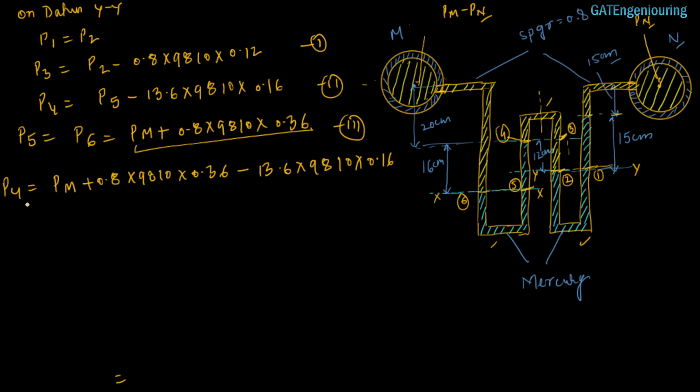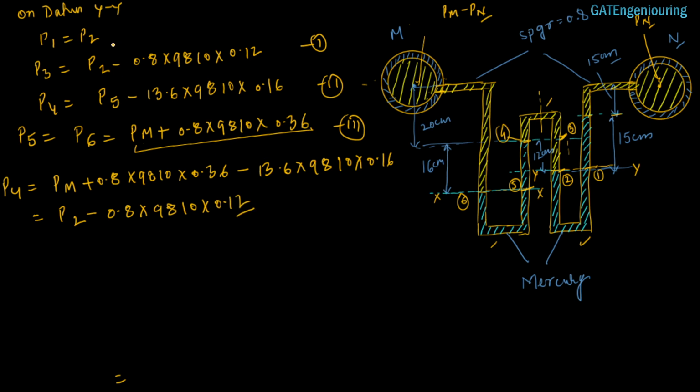Now we equate this with the other, because P4 is also equal to P3, and P3 is related to P2, so P4 is also equal to P2 minus 0.8 into 9810 into 0.12.